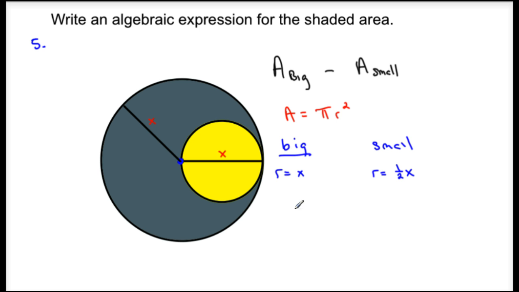So the area of the big circle is just going to be pi, plugging in x for r, pi x squared. Here it's going to be pi times 1/2 x squared, so in this case I'm going to have pi times 1/4 x squared.